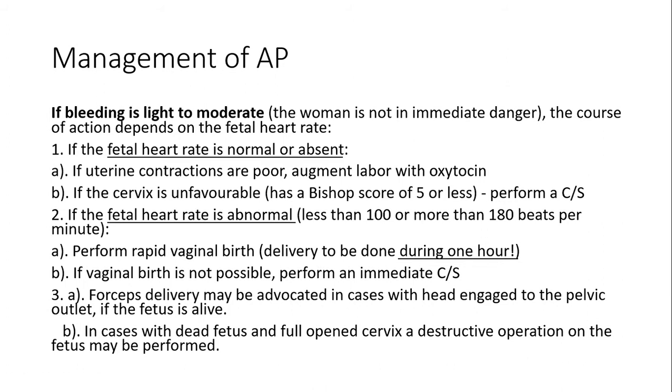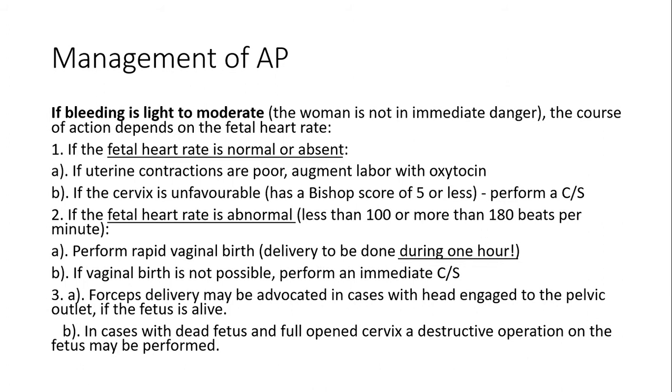The second option, if the cervix is unfavorable, so Bishop score less than 5, you need to perform immediate cesarean section. The second situation, if the fetal heart rate is abnormal, you can hear the fetal heartbeats, but it's less than 100 per minute or more than 180 per minute.